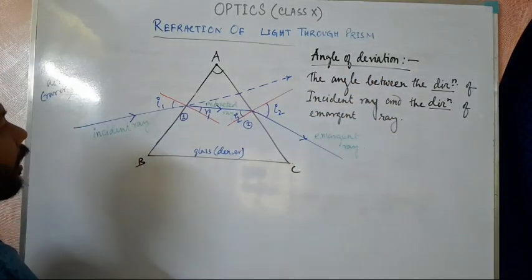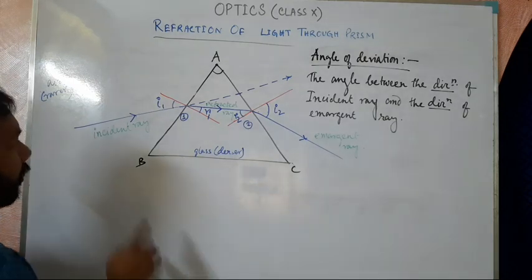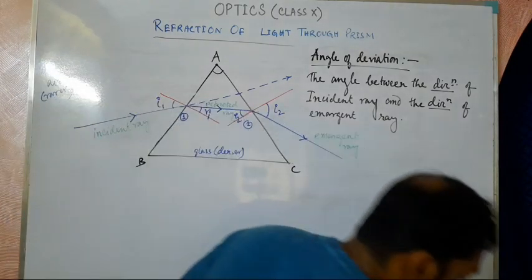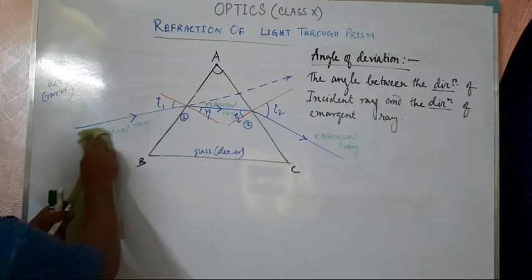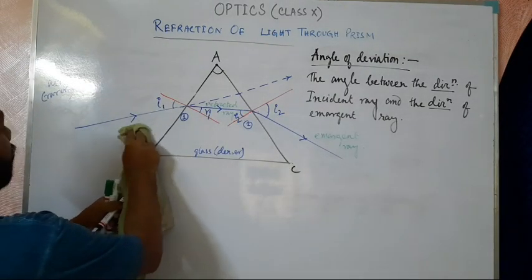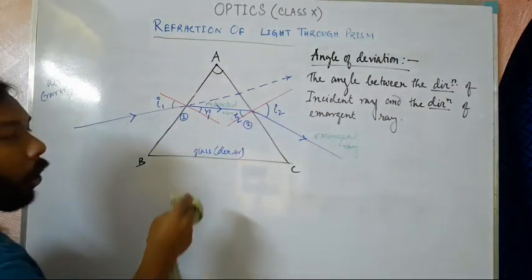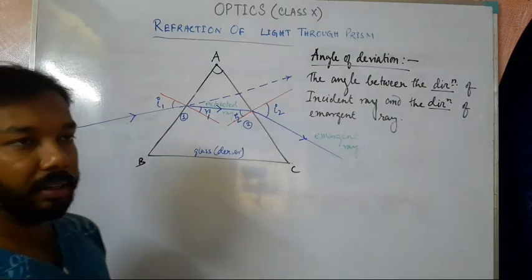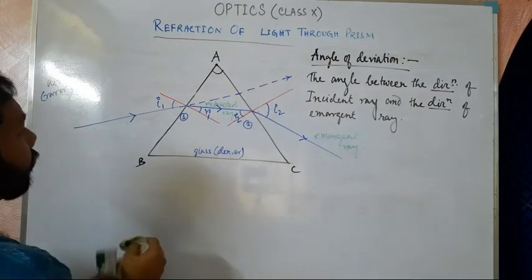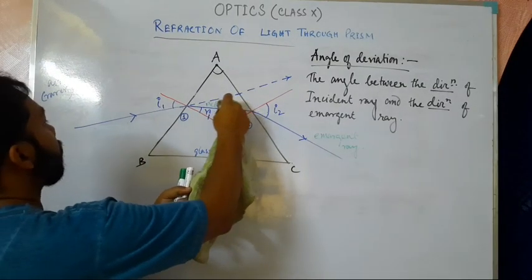Now in this figure, if we want to show the angle of deviation, I am just erasing some things which are not so important in this part. You will pause the video here and redraw the whole thing, and then find the angle of deviation in a mathematical or analytical form.